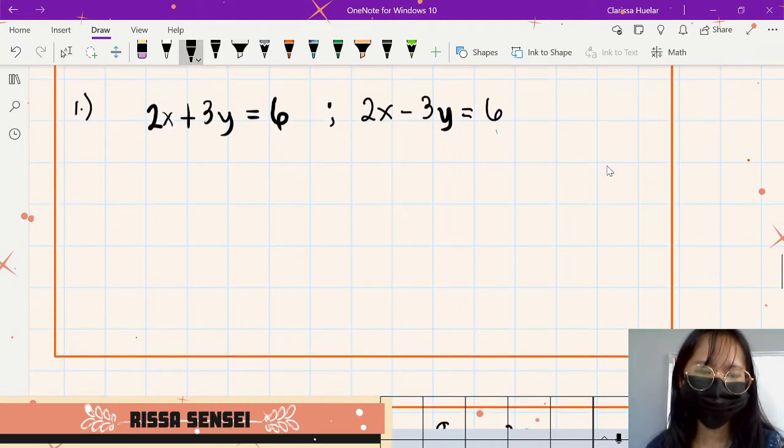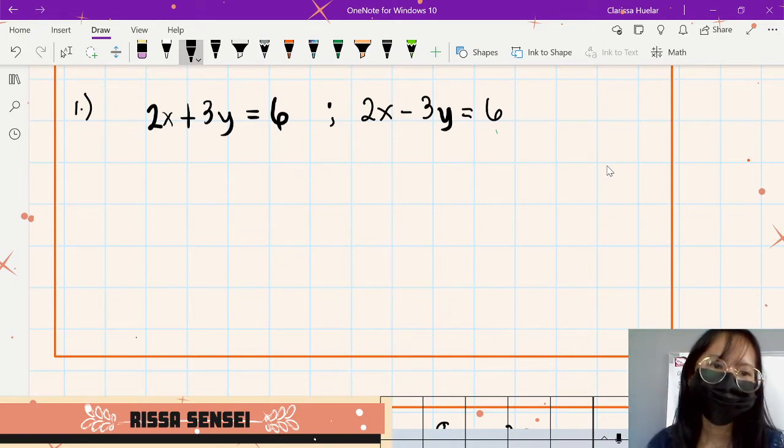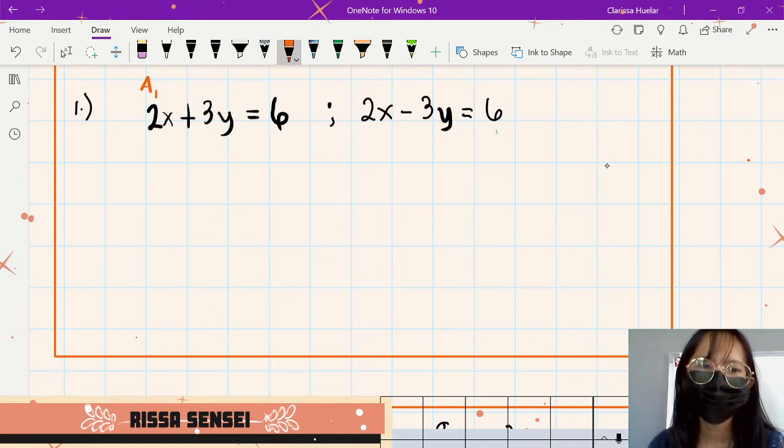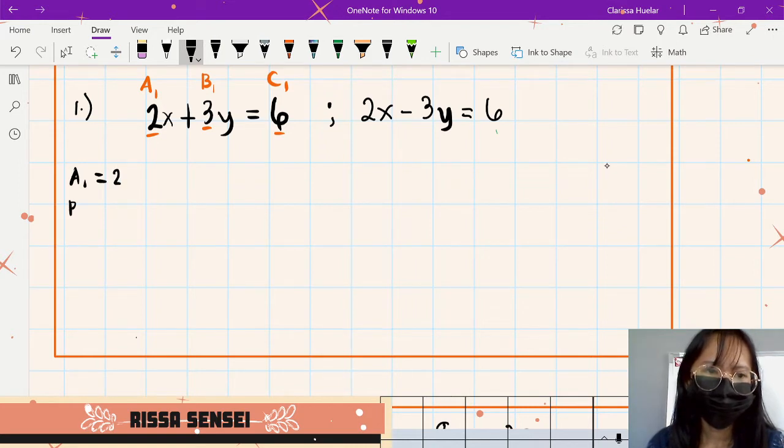So, for example, number 1, we have 2x plus 3y equals 6 and 2x minus 3y equals 6. Let's identify first a sub 1, b sub 1, c sub 1. So, itong coefficients, ito yung a sub 1, b sub 1, c sub 1. So, a sub 1 is 2, b sub 1 is 3.